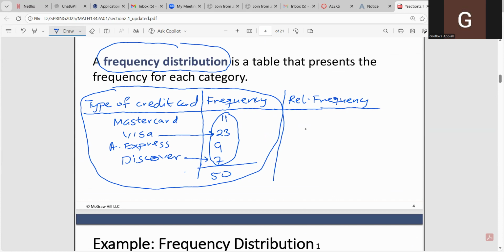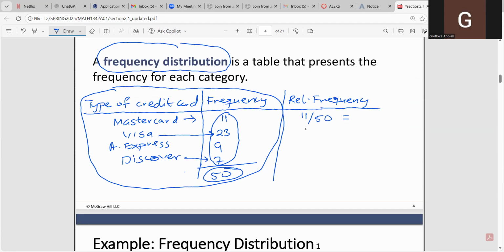Before you can compute the relative frequencies, you need to come up with a total frequency. That is the sum of all frequencies. And then you would take the frequency for each category. So we're going to compute the relative frequency for the MasterCard category. I'm going to take the frequency of that category, which is 11, and divide that by the total frequency of 50.